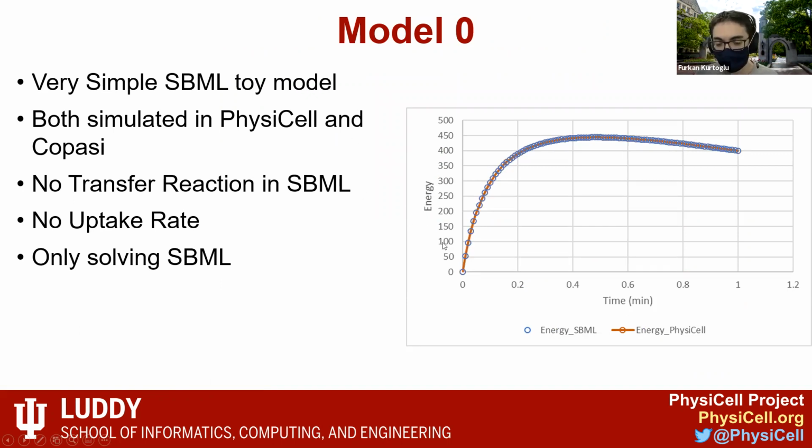Copasi, which I will show maybe in the second session, is an SBML editor, and you can also simulate the SBML in there. In this model 0, there is no transfer reaction and no uptake rate, just solving the SBML. And as you can see, the simulations give basically the same results.